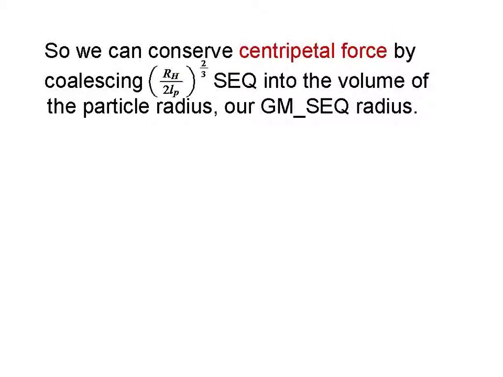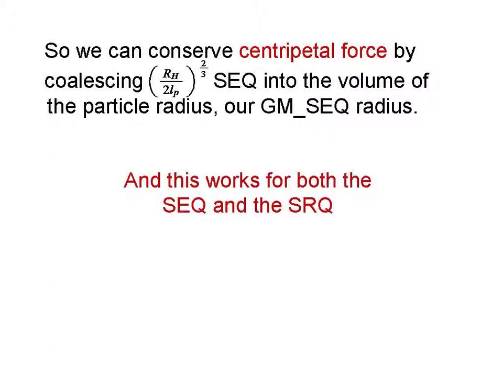So we can conserve centripetal force by coalescing R sub h over 2LP to the 2/3 units of small energy quanta into the volume of the particle radius, or geometric mean of the SEQ radius. And this works for both the small energy quantum and the small radius quantum.